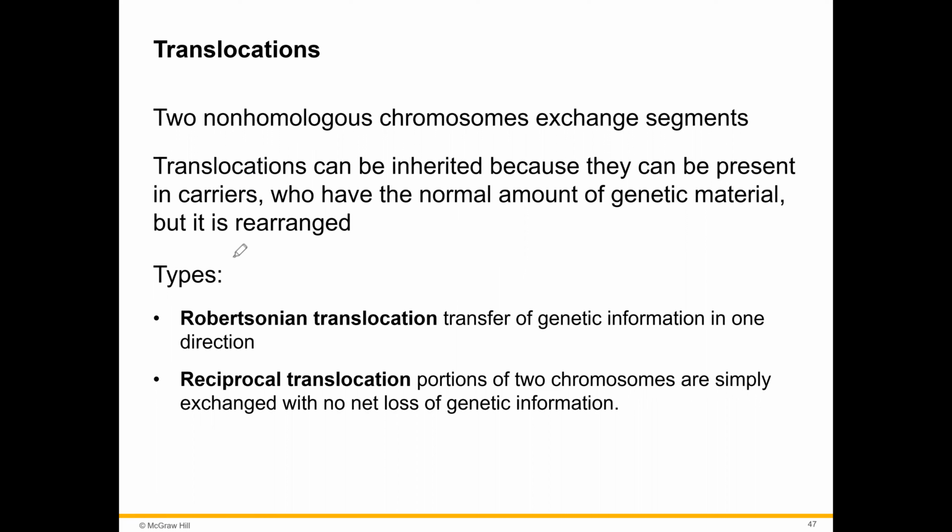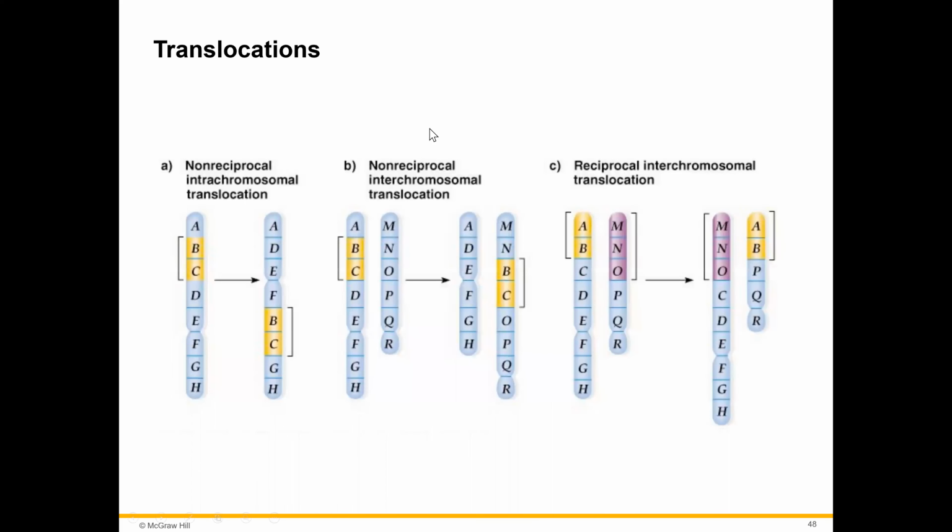There are two types of translocation. Robertsonian translocation, the transfer of genetic information in one direction, and don't worry, I'm going to show you a diagram, and reciprocal translocation, when portions of two chromosomes are simply exchanged with no net loss of genetic information. So let's look at the two types of translocation.